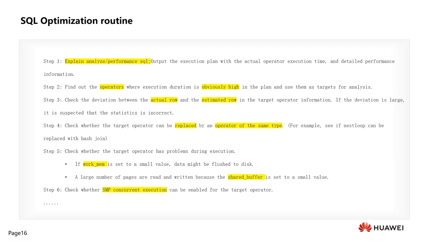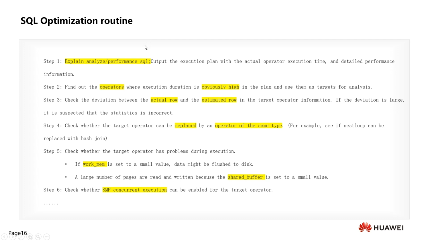So whenever we encounter a slow SQL that we want to optimize, we can follow the following routines. The first step is to always carry out the explain analyze, or explain performance on the SQL statement to obtain the real query plan and performance information. Now, next we need to look into the query plan and find out the operators with obviously high execution time compared to others.